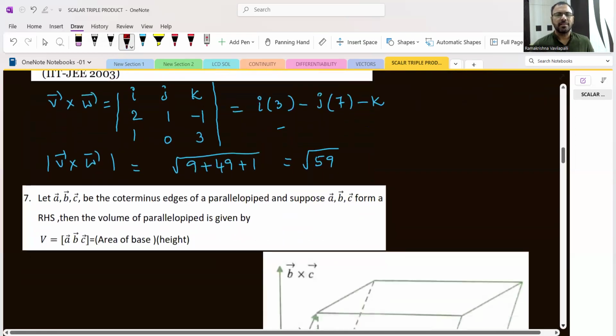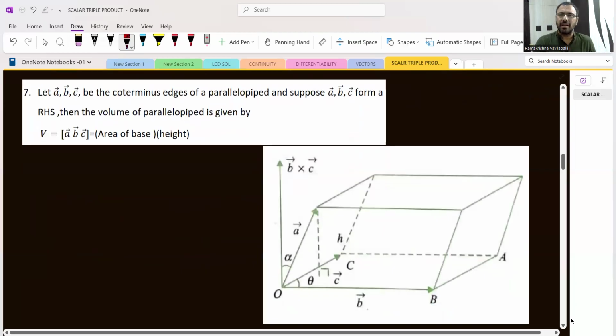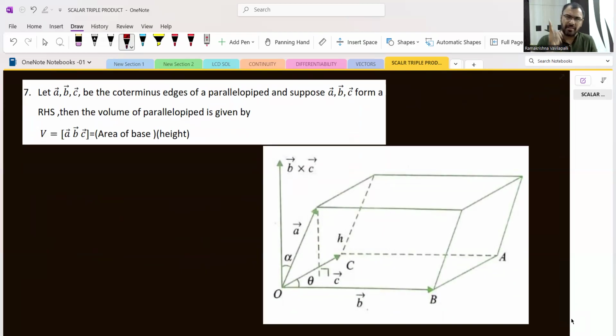Moving to the next concept: what is the geometrical interpretation of box ABC? This is very, very important, right? So we use that box for the volume of a parallelepiped.